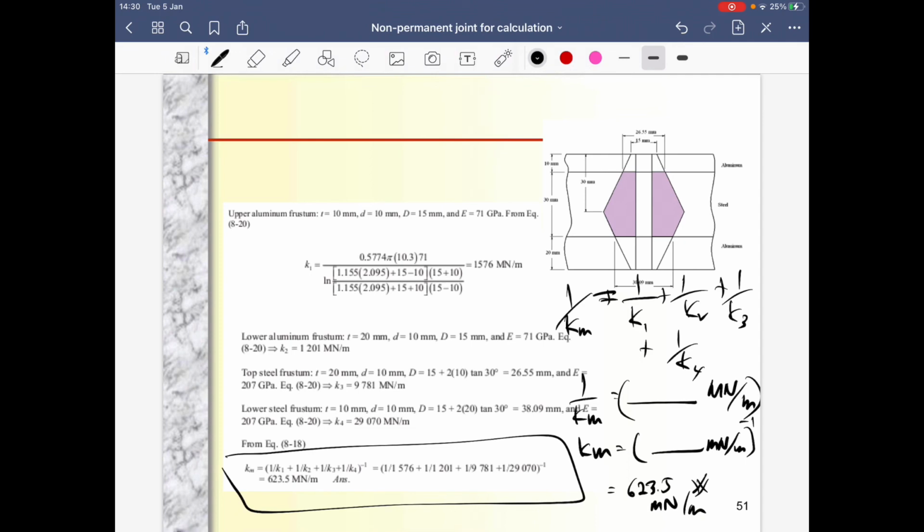Alright, I think I have explained everything on the frustum and also the conical shape analysis. So please do the exercise, do your own calculation, press the calculator so that you will not make silly mistakes in the calculation, and also you really know what to do whenever you get this question.